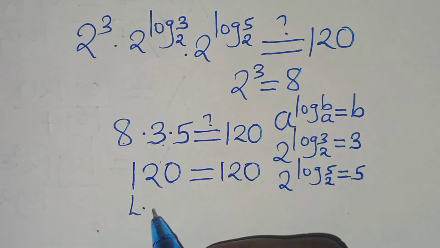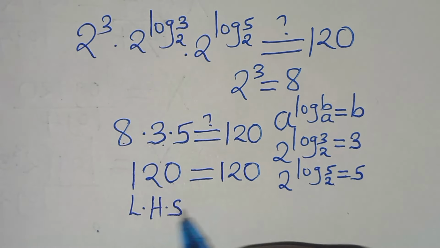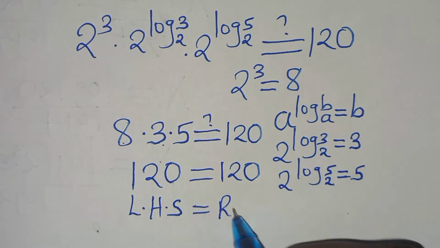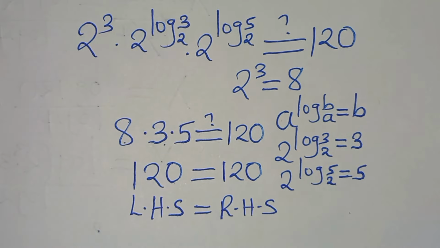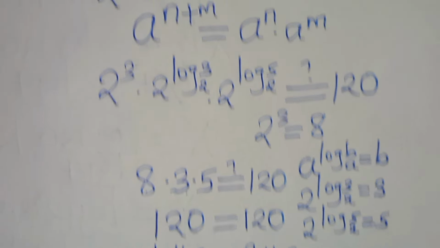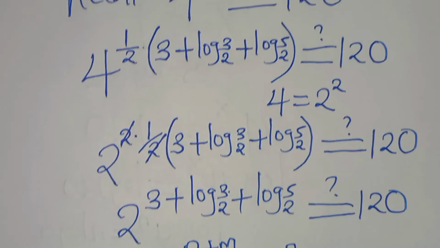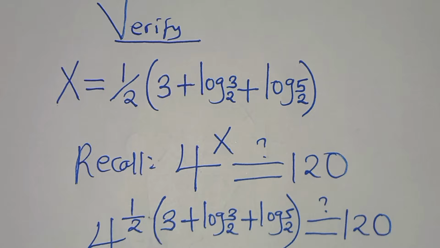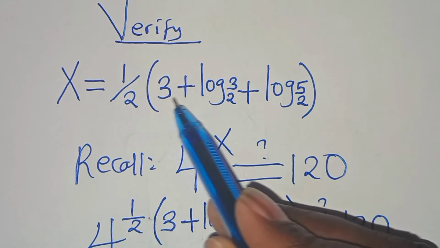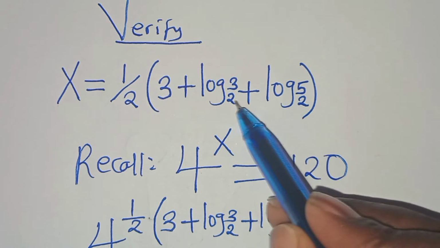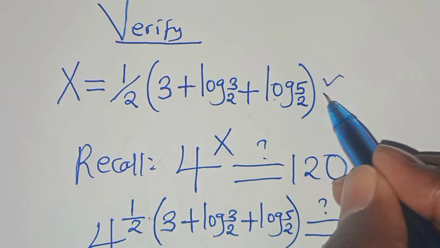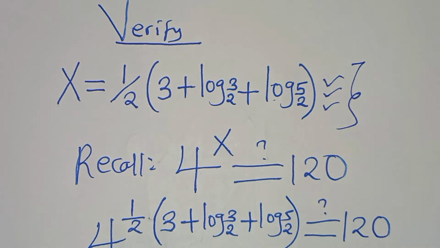So the left hand side is equal to the right hand side. And this implies that the value of x here, which is equal to a half into the parentheses 3 plus log 3 to base 2 plus log 5 to base 2, actually satisfies the equation.